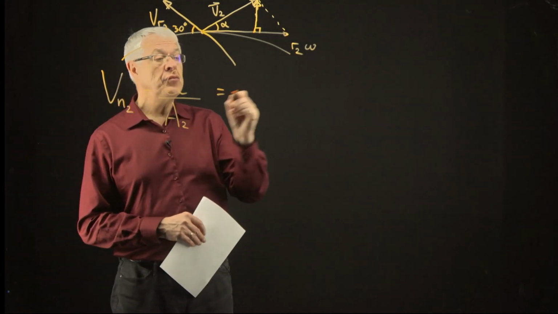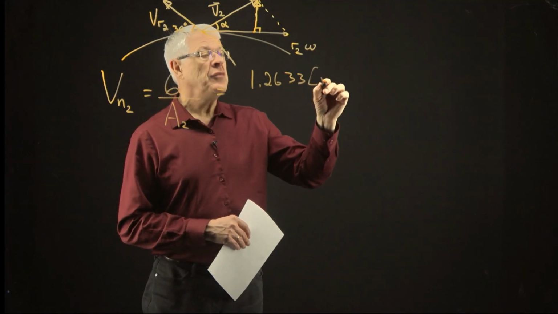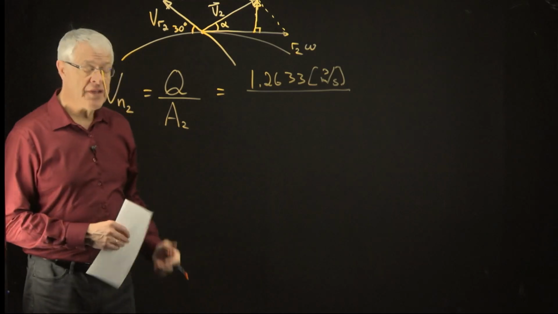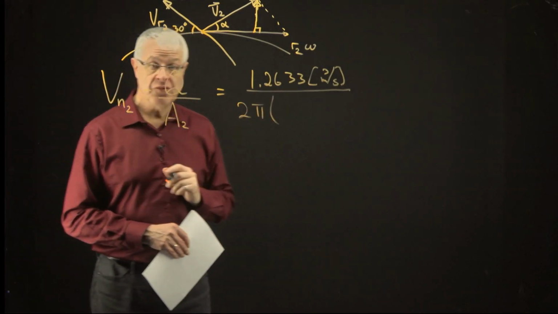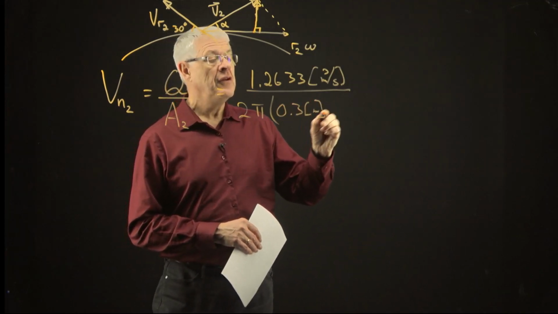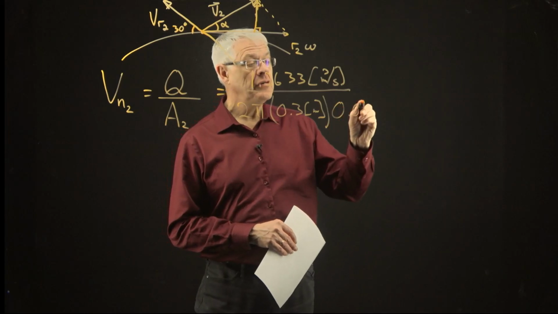So this will be equal to our 1.2633 meters cubed per second, and then divided by the area, which is 2 pi times the outer radius, 0.3 meters, and the outer depth, which was 4 centimeters.